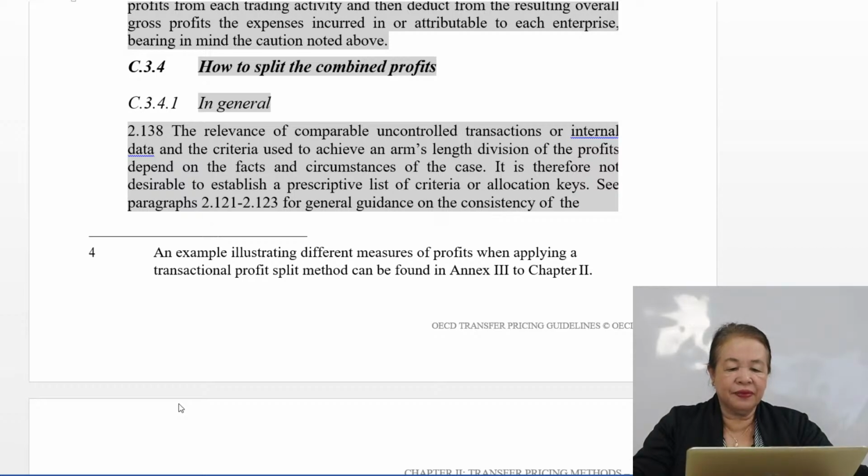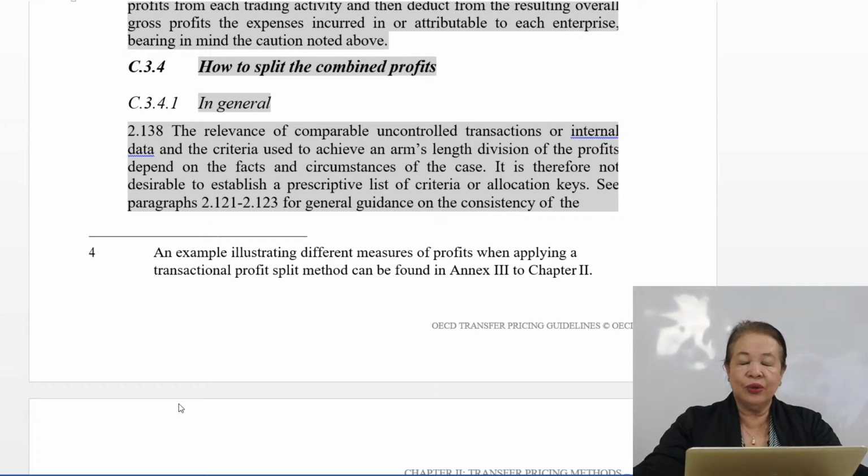So, to achieve an arm's length division of the profits depend on the facts and circumstances of the case. Kaya, always talaga yan, determine the facts and circumstances of the case because each and every case can be unique. No? It is therefore not desirable to establish a prescriptive list of criteria or allocation. Okay? Kasi mamaya yung isa present yung ganyang criteria, sa iba naman hindi.